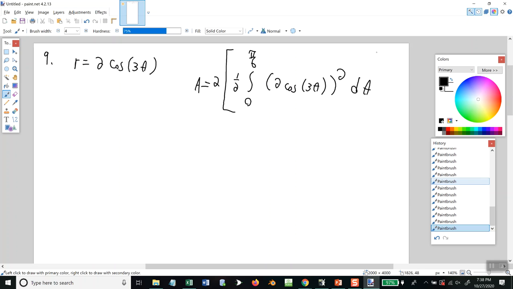Okay, so 2 times 1/2 is going to cancel, and 2 squared here is 4, so I can bring that out in front. And this would be cosine squared 3 theta.